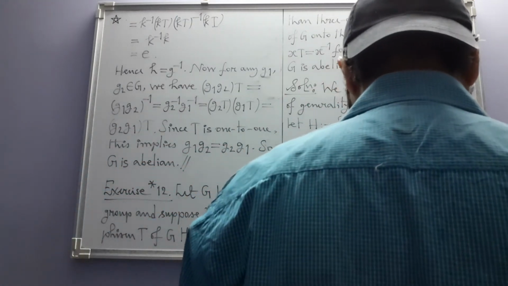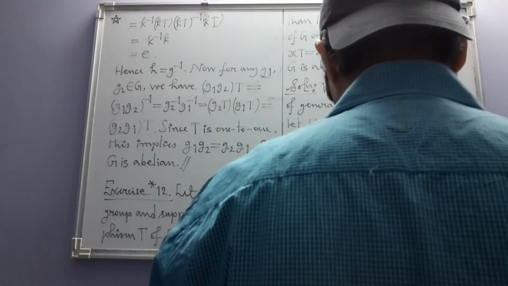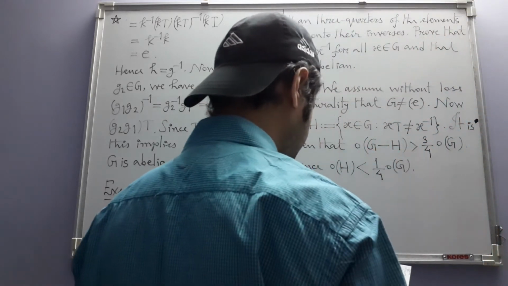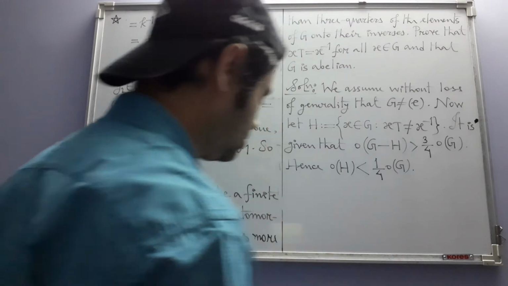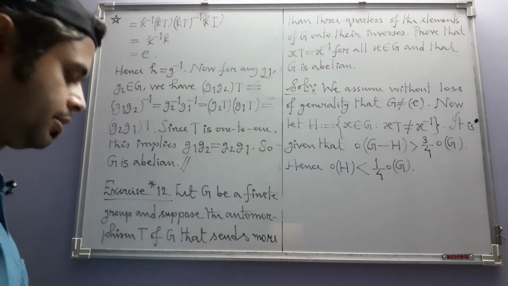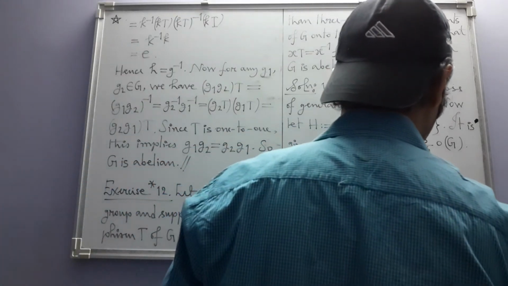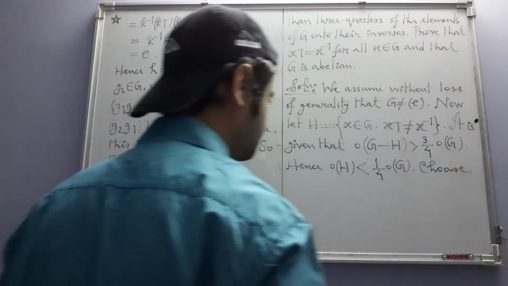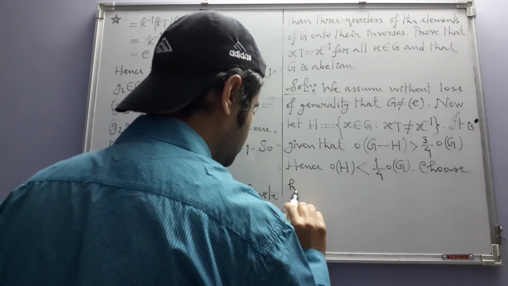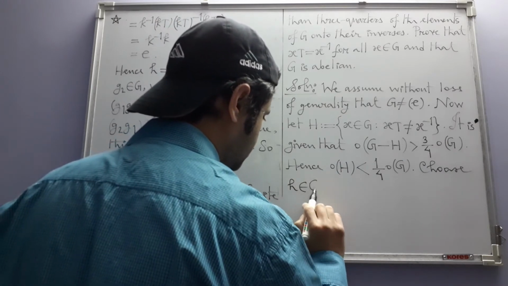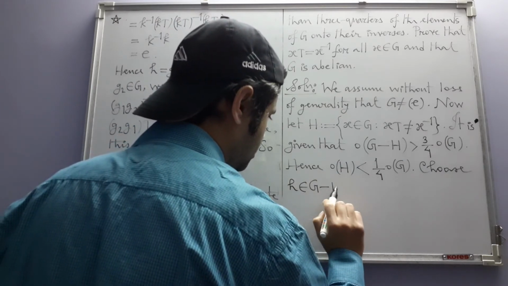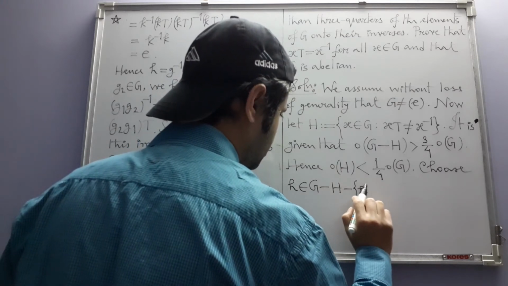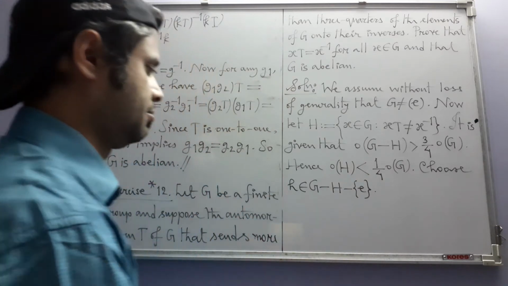Okay. Now we will go through some arguments which we have to see and understand carefully. Choose some element h belonging to G minus H minus identity.